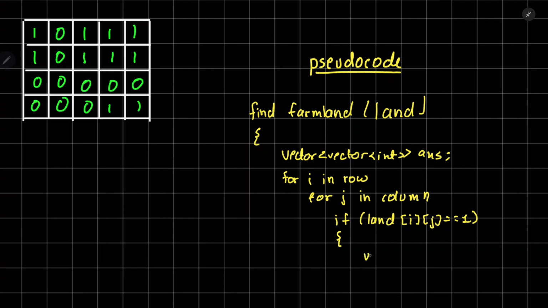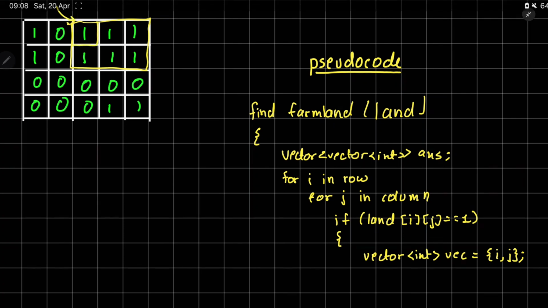So we'll make a vector. You can name it temp answer or current answer. I will name it vec, and initially it will have i, j, which are the coordinates of the first cell, that is the top left cell. For example, if we see this group, we find this one, so we will have to push these coordinates in the vector.